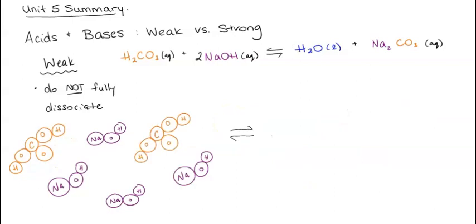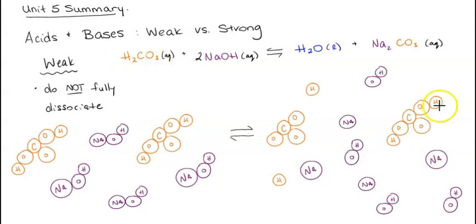However, this is a weak acid, so where some of it might dissociate, like the sodium hydroxide does, some of this weak acid will actually end up reforming in solution, which means now there's not enough free hydrogens to form the water molecules as predicted by this reaction.